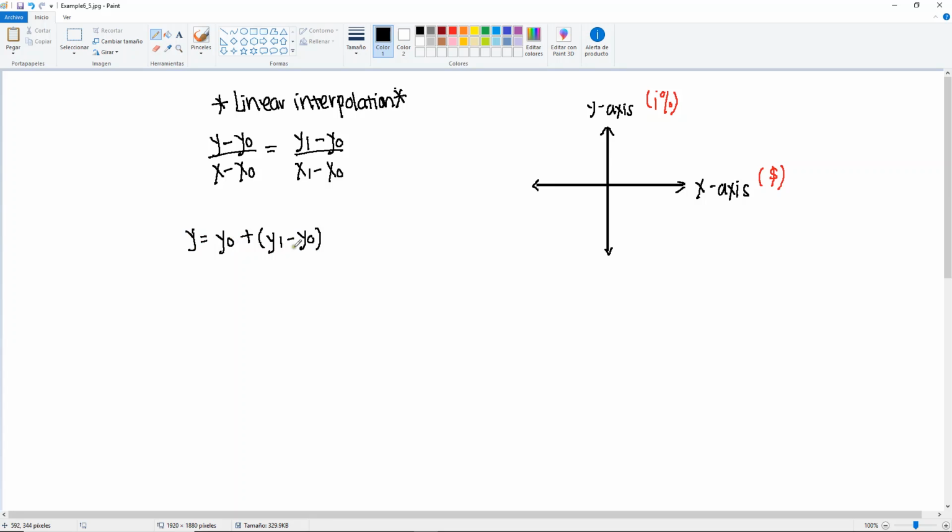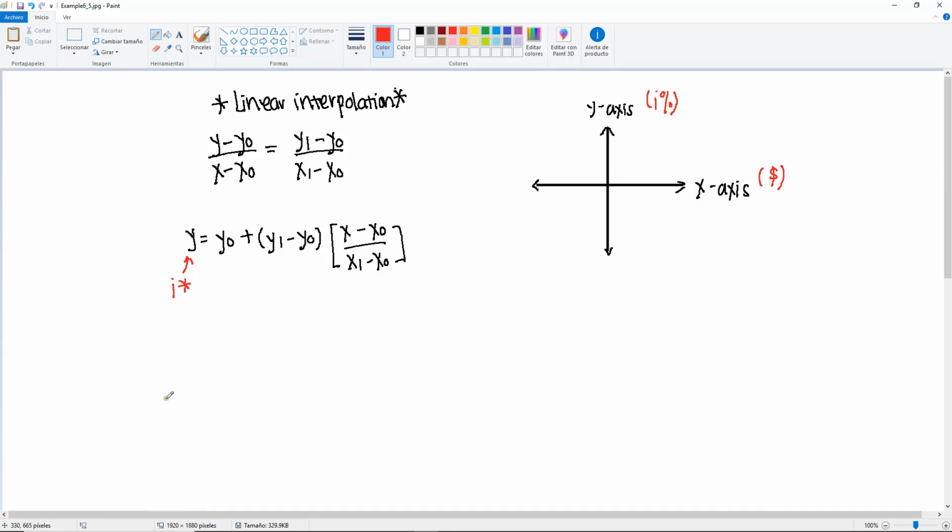These go together inside a parenthesis because you need to find the difference of these two before you multiply it times x minus x naught divided by x1 minus x naught. Okay. The y right here, we said that this is going to be our I star that we're looking for.